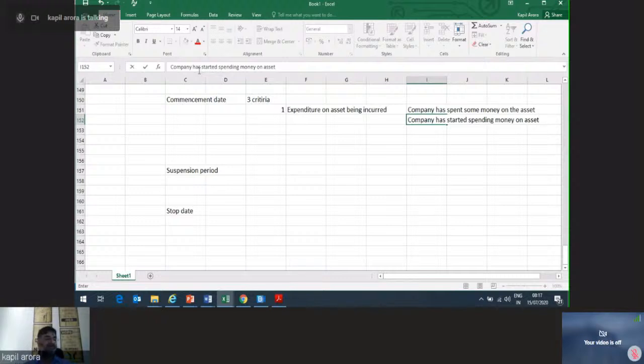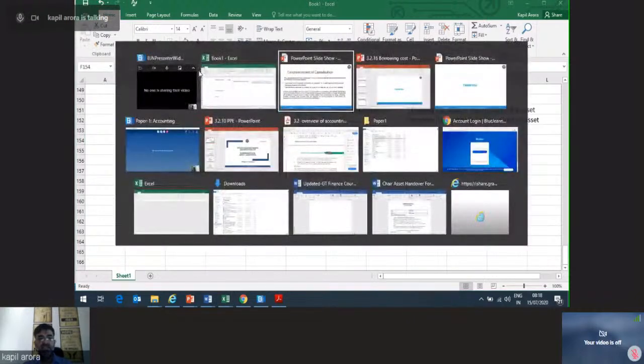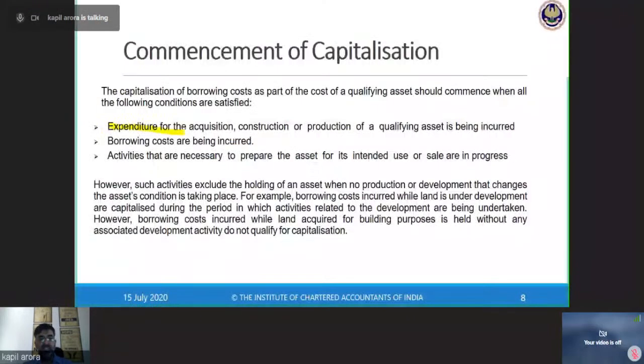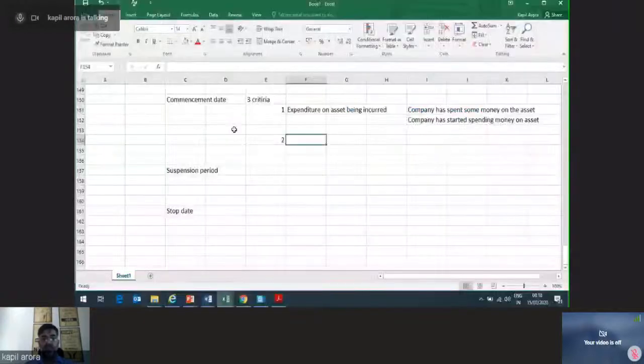The first one was expenditure for the acquisition, construction or production of the qualifying asset being incurred. Second, borrowing cost is being incurred.